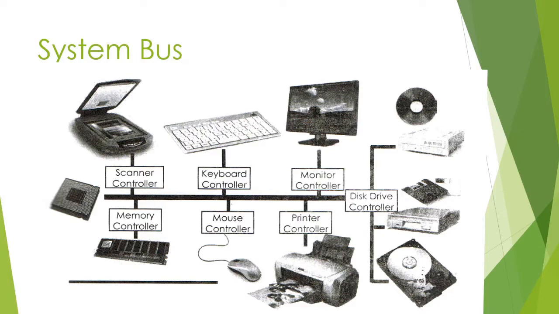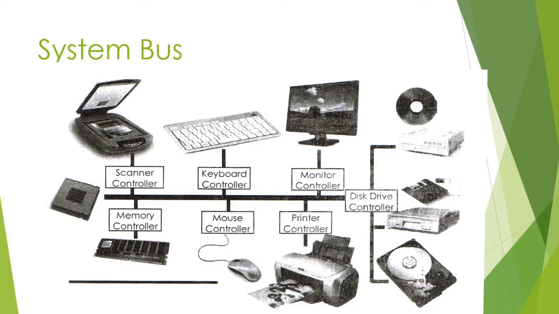So next slide, we have here the system bus. As we can see here, we have different computer hardware. We have a scanner, a monitor, a CD drive, a floppy disk, hard disk, printer, mouse, the memory and the CPU.